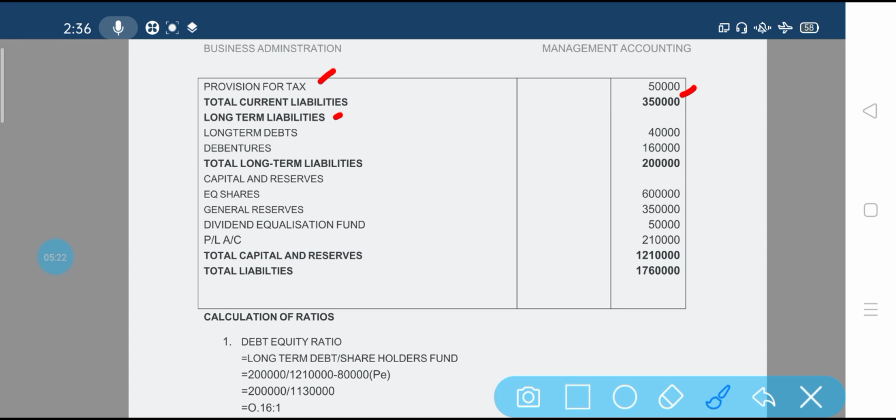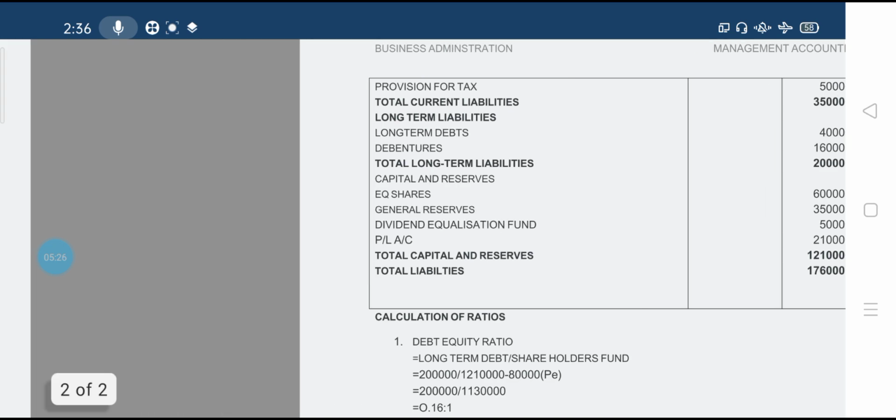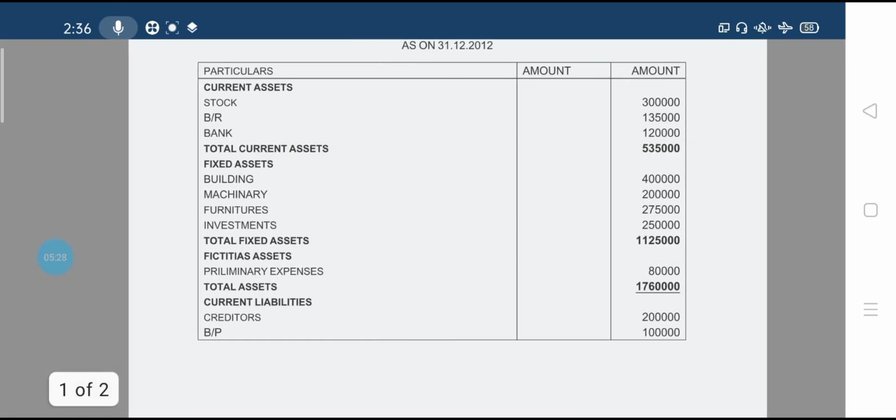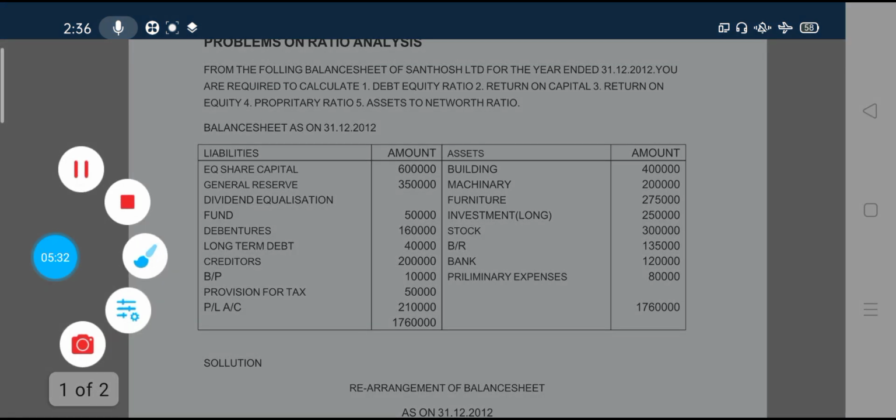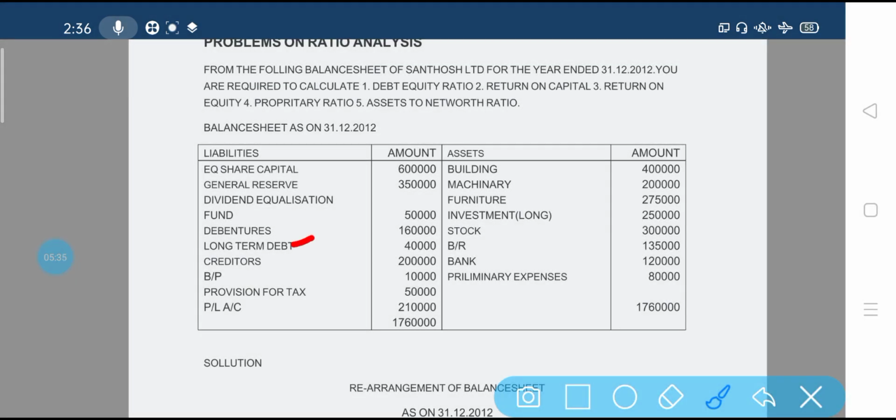Let's see the items which will come under it. First one, long-term debt and debentures. Dividend equalization fund comes under capital and reserves. Equity share capital, capital and reserve.